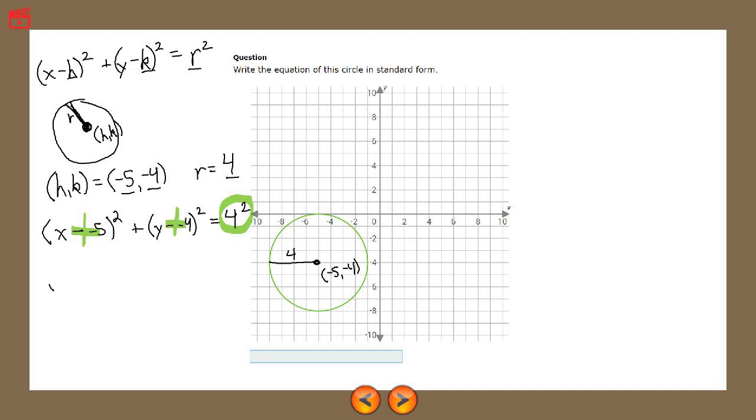We'll end up writing your answer as (x plus 5) squared plus (y plus 4) squared equals 16. If you see 2 negative signs in a row, just get rid of both of them and make it a plus sign. That would be your answer.